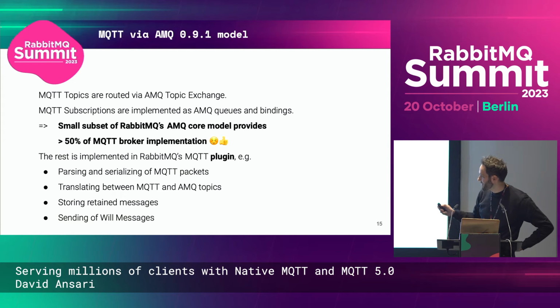And this means that just this small subset of RabbitMQ's AMQP 0-9-1 core model provides already more than half, more or less, of an MQTT broker implementation. If you think about it, this shows just how powerful and flexible the AMQP 0-9-1 model is and how it allows cross-protocol interoperability. And the rest is then just implemented in RabbitMQ's MQTT plugin.